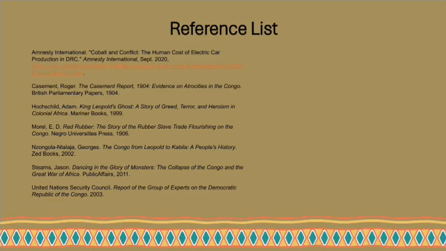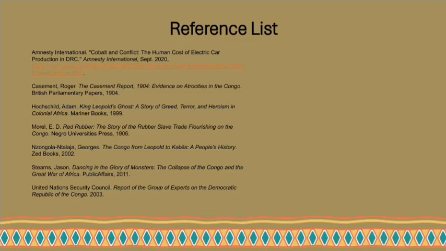And then the next one I used was The Congo from Leopold to Kabila by Georges Nzongola-Ntalaja. And it offers a comprehensive history of the Congo from the African perspective, showing the history from Leopold all the way to Joseph Kabila.